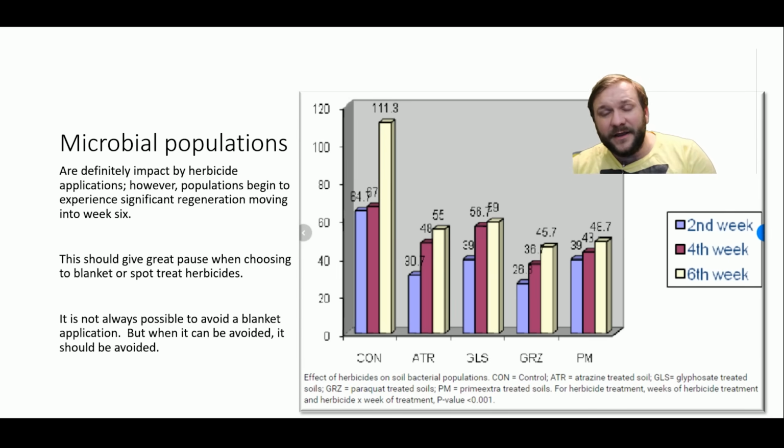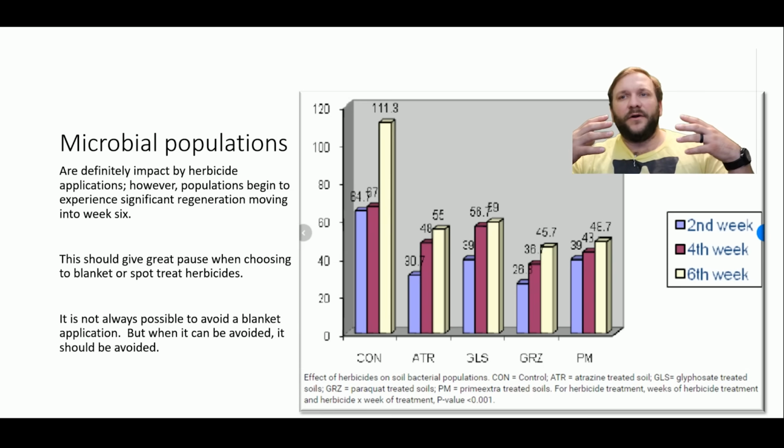And right here, I think this is a perfect example of that. You can clearly see on this scale at 2-week, 4-week, 6-week, when you take into account both bacteria and fungi and soil microbe populations, there's a much more significant impact on them through a blanket application of herbicide.